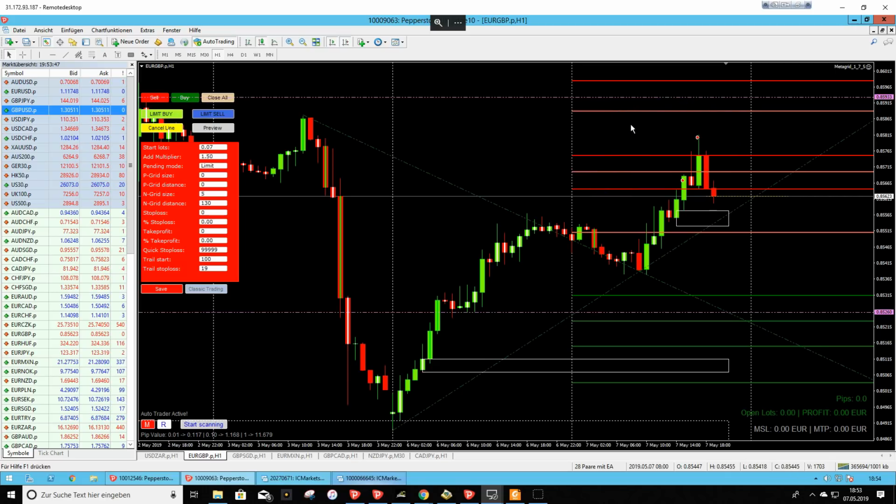But the AutoTrader from Metagrid helps a lot. You get good entries, and then you look at your chart and think about whether you want to use the settings Metagrid did automatically, or if you want to add, as I did, for example, a grid in this case to get more out of it.